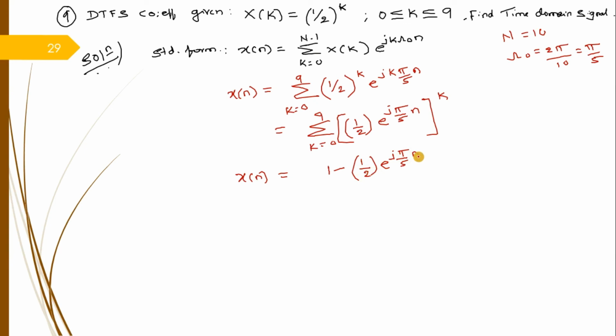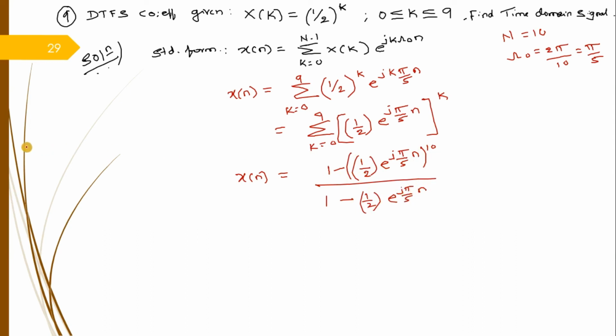Here you are supposed to write plus 1 of what I am having here, hence I write it as 10, divided by 1 minus 1 by 2 e raised to j pi by 5 n.